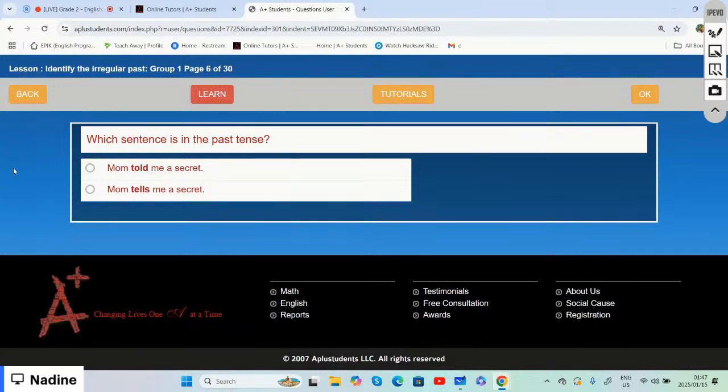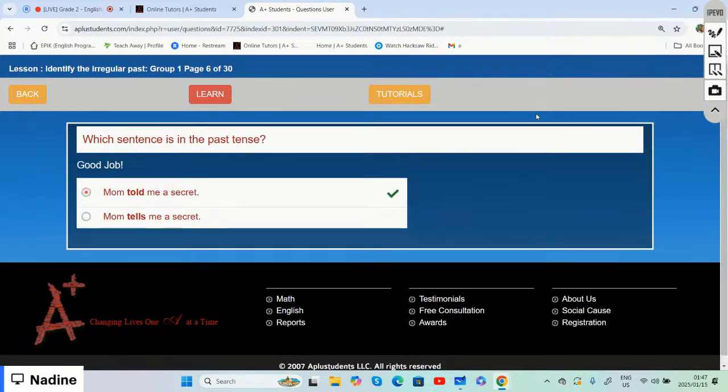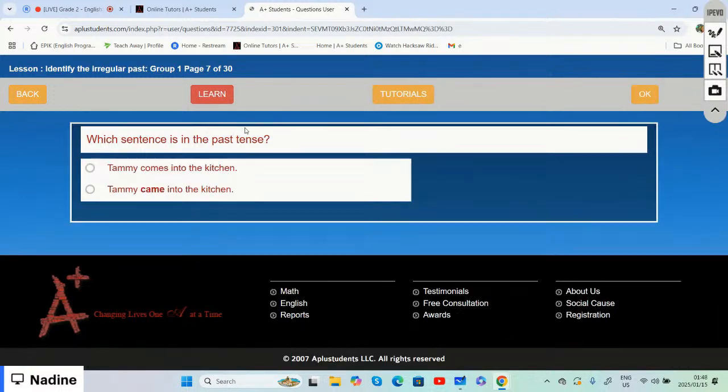All right, so this is the end of our lesson on irregular past tense. We say that the wording changes with irregular past tense. You're just going to have to remember the form of the verb when it changes, right?